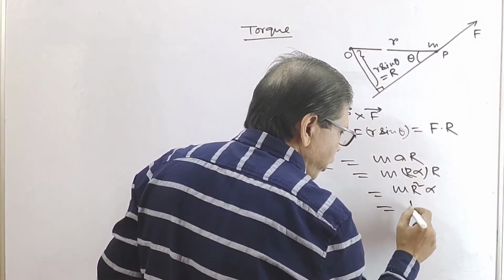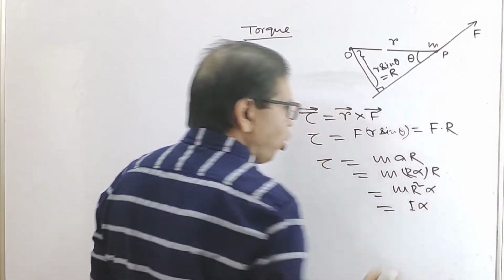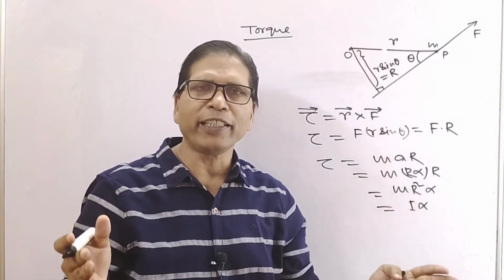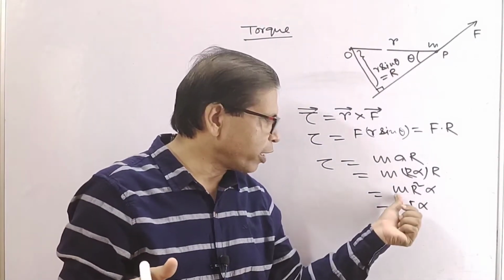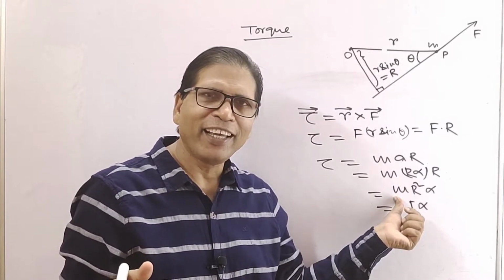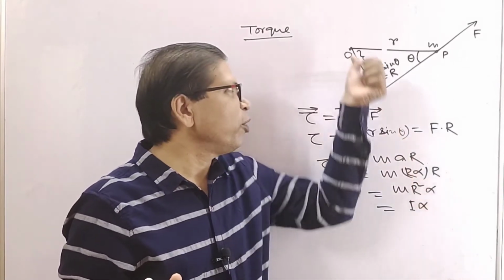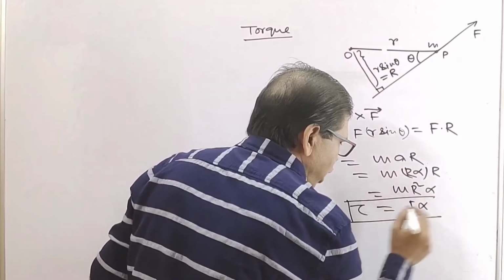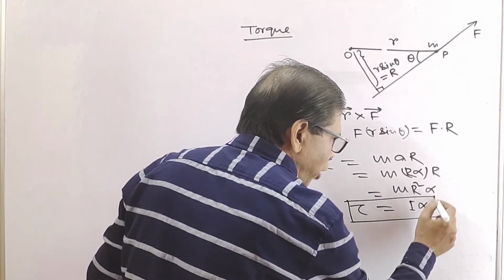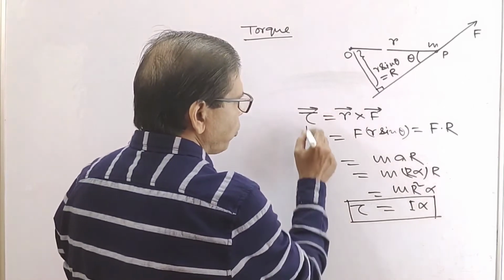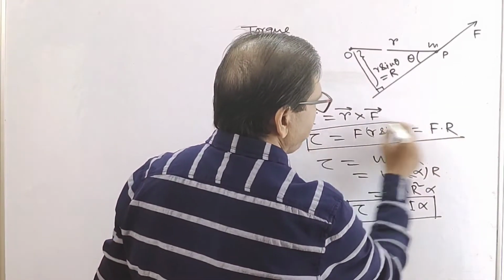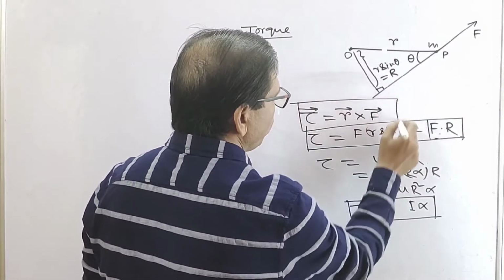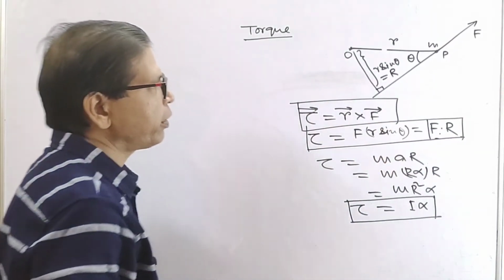Now m r square is the moment of inertia of the particle about the point O. Moment of inertia I is the product of the mass of the particle and the square of the distance from the axis of rotation or the fixed point. Torque has three relations: tau equals I alpha, tau equals force into perpendicular distance, and tau vector equals r vector cross F vector.